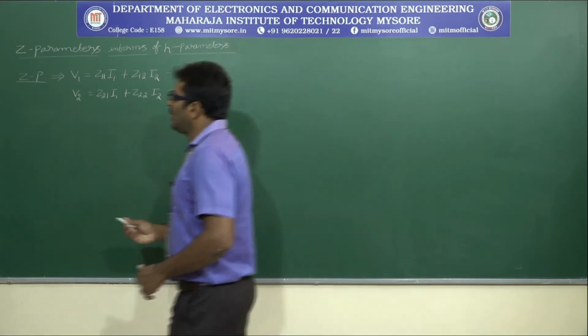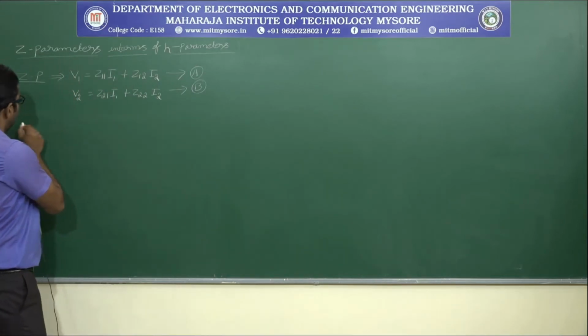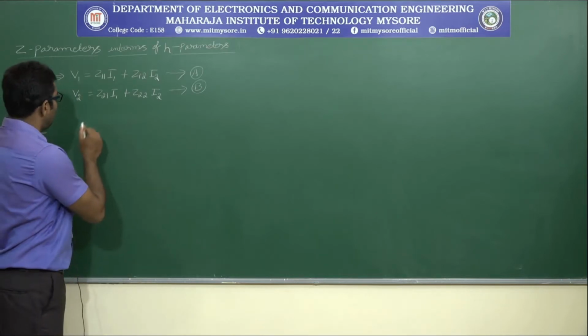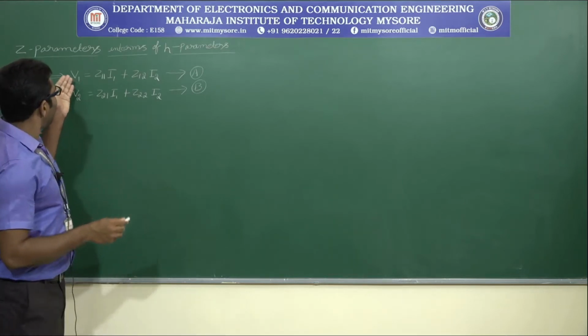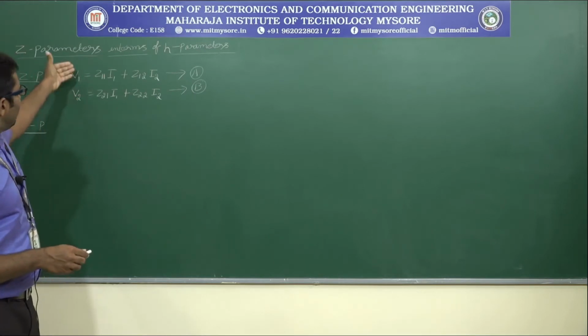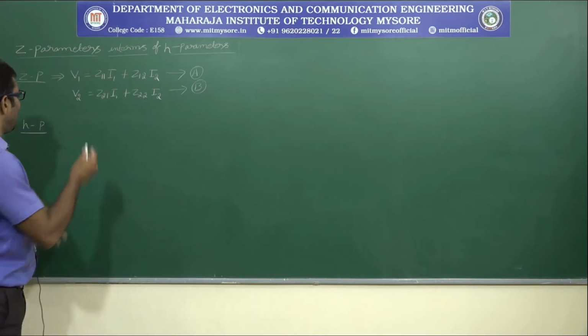First, let me write the H parameter equations. In the Z parameters, V1 and V2 are dependent variables, whereas I1 and I2 are independent variables.